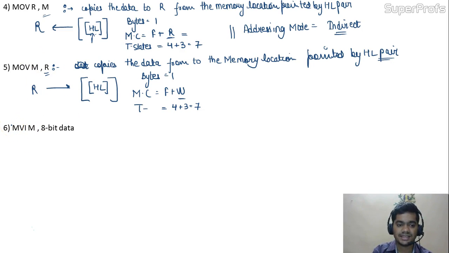The next operation is MVI M, 8-bit data. What operation is going to be performed? It would transfer this 8-bit data to the memory location pointed by the HL pair.